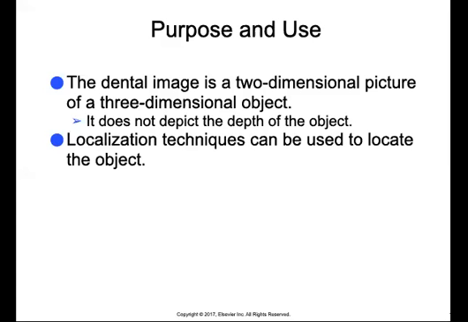So the dental image is a two-dimensional picture of a three-dimensional object. The dental image does not depict the buccal-lingual relationship or the depth of an object. Localization techniques can be used to obtain this three-dimensional information.